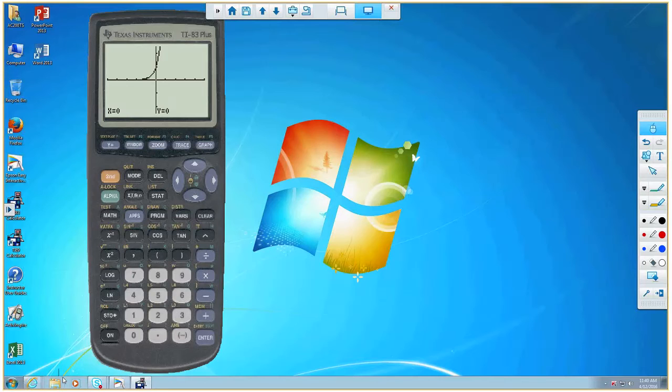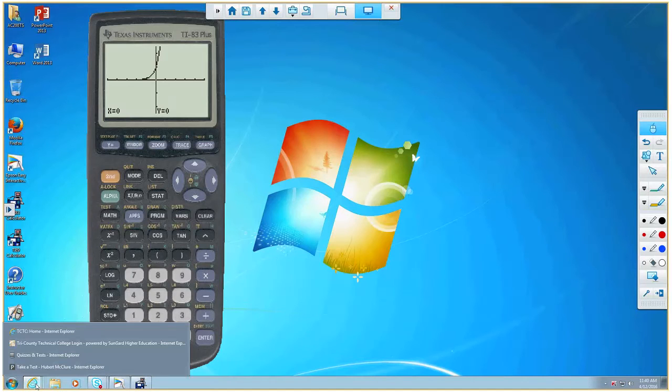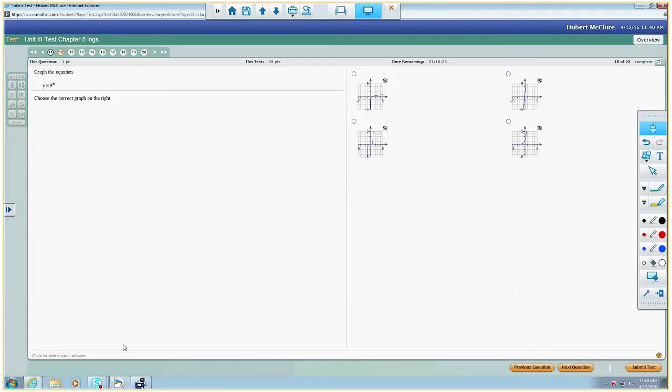So now you go back to your test. And probably this one right here would be about the best one. You'd have to blow it up a little bit bigger. See there, what are their maxes on these graphs right here? 5 all the way around.